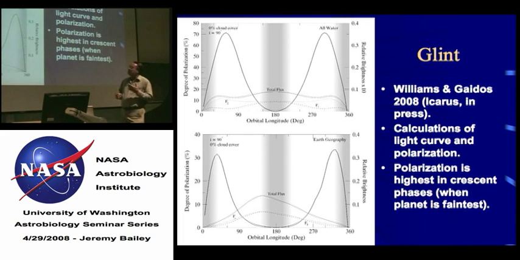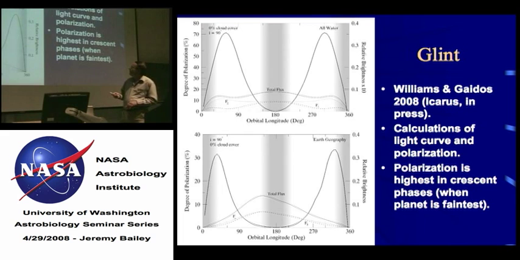And where you tend to see the glint best is at crescent phases, and that's simply because the total light of the planet is reduced relative to the glint spot. The glint spot is a larger proportion of the light coming from the planet. This is a case where Earth geography has been added, so it's got continents as well as the ocean, and the continents are brighter than the ocean.